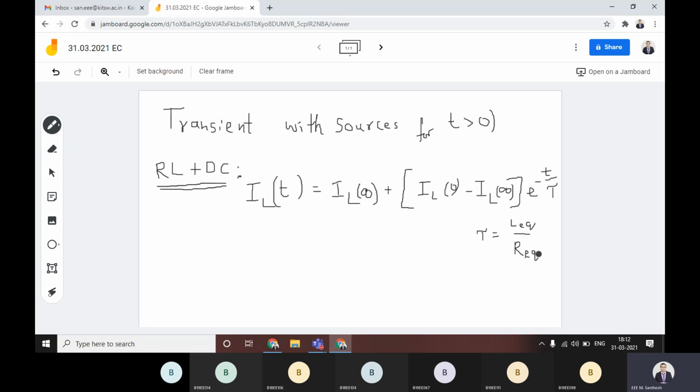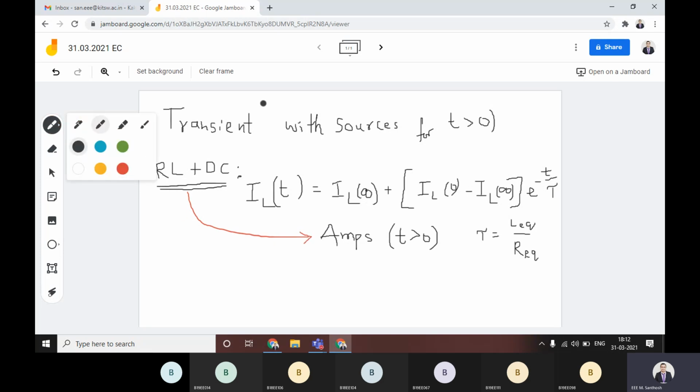Whenever you are calculating this value, this unit is in amps. This is the current. And whenever you are talking about the time value is always greater than 0. This is for when you have RL with the DC source in amps case.